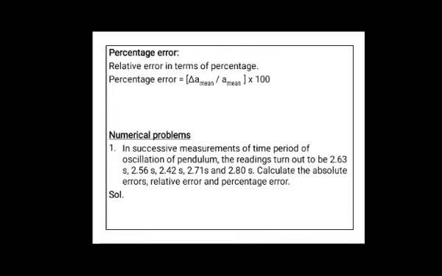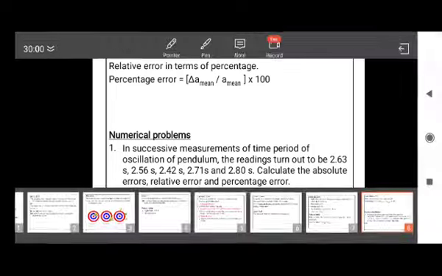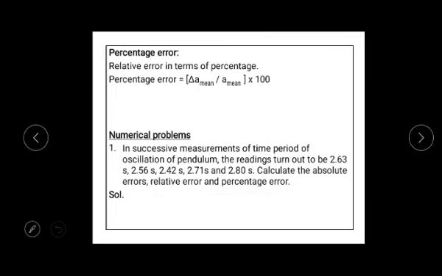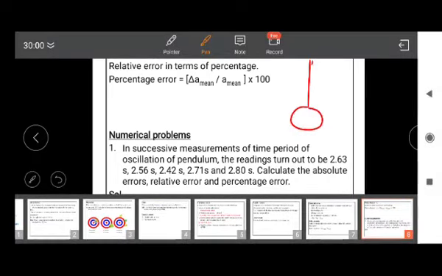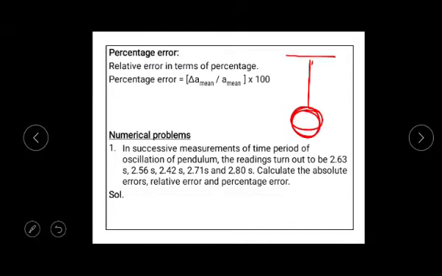In successive measurements of time period of oscillation of a pendulum, the readings turn out to be 2.63 seconds. So what is a pendulum? Let me show first. You have to take one support, take a thread, then take one metal bob, a metal sphere, and suspend it; it acts as a pendulum.